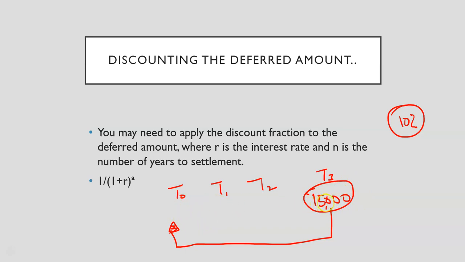So I know that if I go backwards, if I divide 15,000 by 1.1, I will get 13636. If I divide this again by 1.1, I will get 12396. And if I divide this by 1.1, I will get 11269.